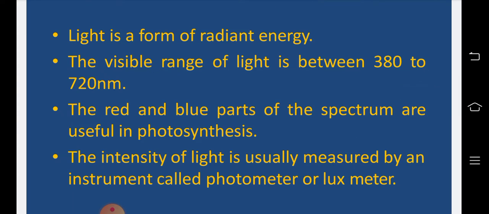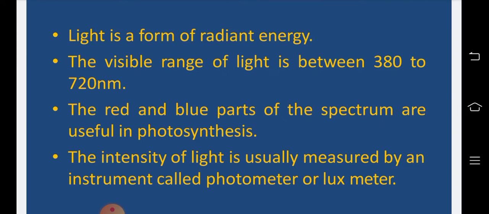So what is light? Light is a form of radiant energy. The visible range of light is between 380 nanometers and 720 nanometers. 700 nanometers light is essential for activation of photosystem 1. 680 nanometers light is important for photosystem 2.